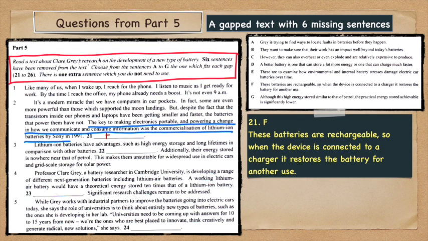And then, of course, after that sentence, you need to find the continuation for the sentence before it, right? So the F sentence starts with 'these batteries are rechargeable', which means it refers to the lithium-ion batteries. So this is another hint.